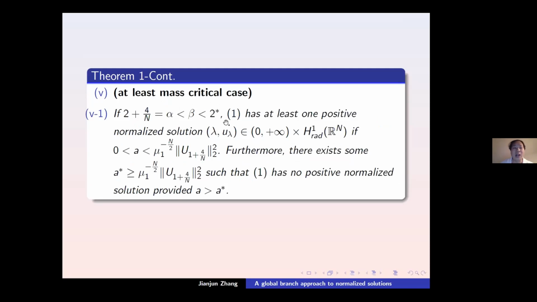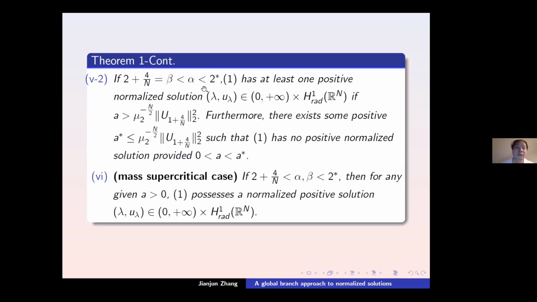Now we consider the mass critical cases. If the problem is mass critical near the origin and mass supercritical near infinity, we can show that the problem has at least one positive normalized solution if the mass is small enough, and has no positive normalized solution if the mass is large enough.